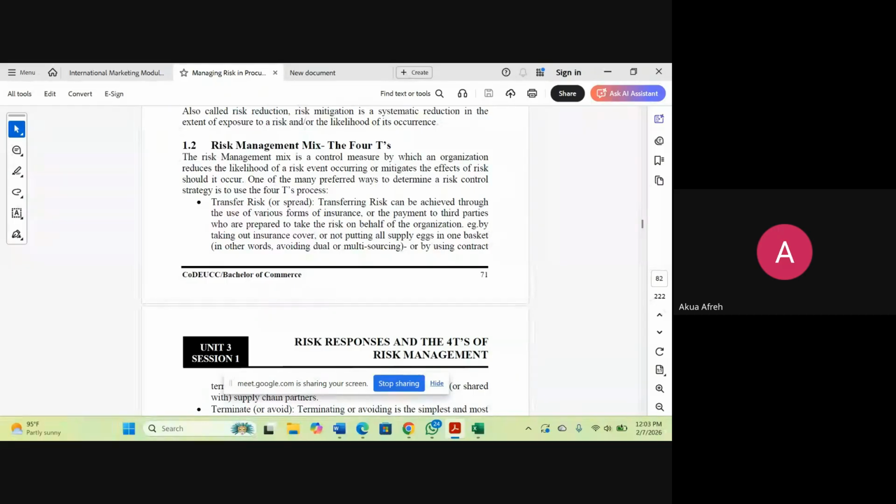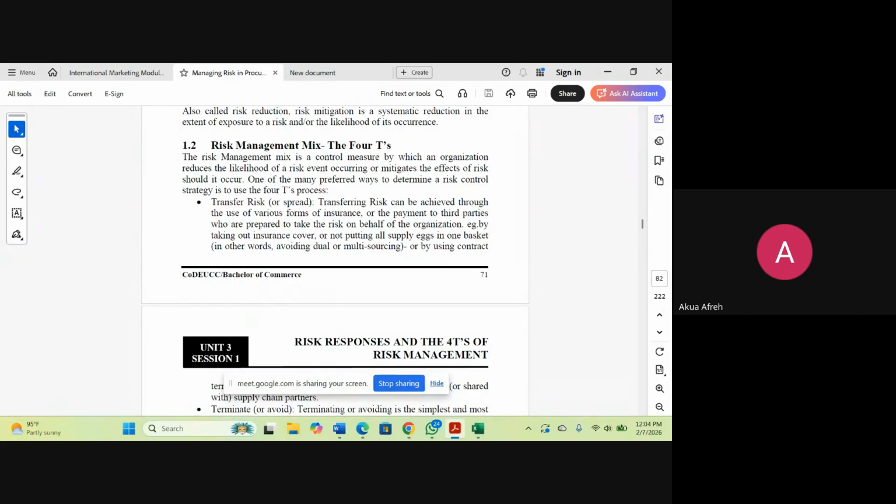So talking about the transfer of risk, we are saying that we can use insurance or pay third parties to take the risk, or use terms of contract so that the risk can be borne or shared with partners. Sometimes we want to outsource some of the things that we do in an organization so that if there is any form of risk attached to it, whoever we've outsourced the task to would bear such a risk.